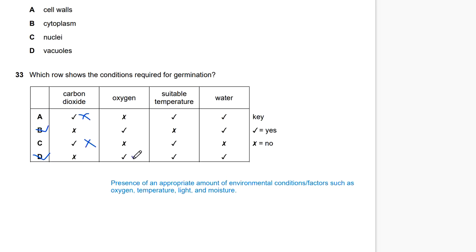However, it talks about oxygen, suitable temperature, as well as moisture. In B, it says no for suitable temperature, so we have to remove this because it should have a suitable temperature. The correct answer there is letter D, not letter A and letter C, because we already removed those because of the presence of carbon dioxide.